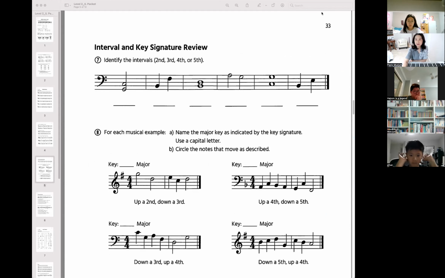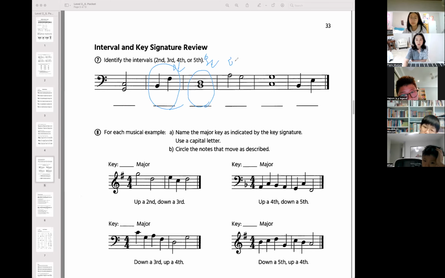So we will go with 7. This is counting how many notes. Interval means distance. So you need to count from that note. 1, 2, 3, 4. So you write 4. It's not 1, 2, 3 going up like this. Understand? So now, Minseon, Wonjun, Hajun, Ethan, do it.